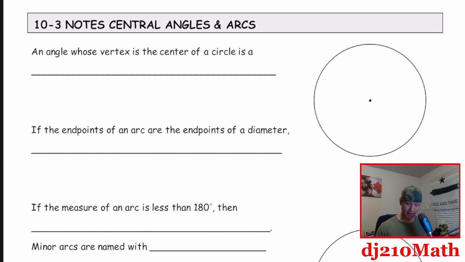So here we have, call it center C. And if we create an angle inside the circle and the vertex is at the center, we call this the central angle.